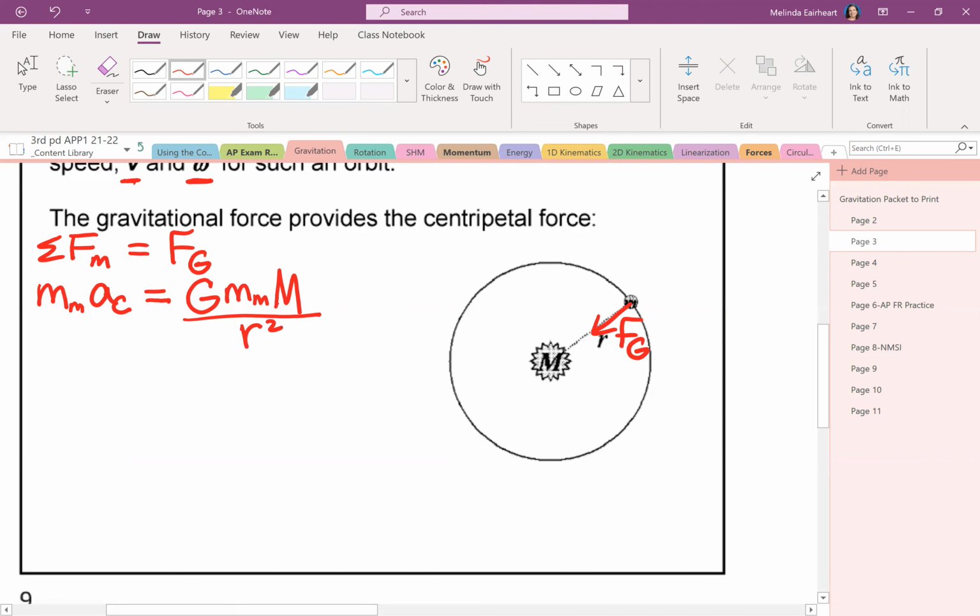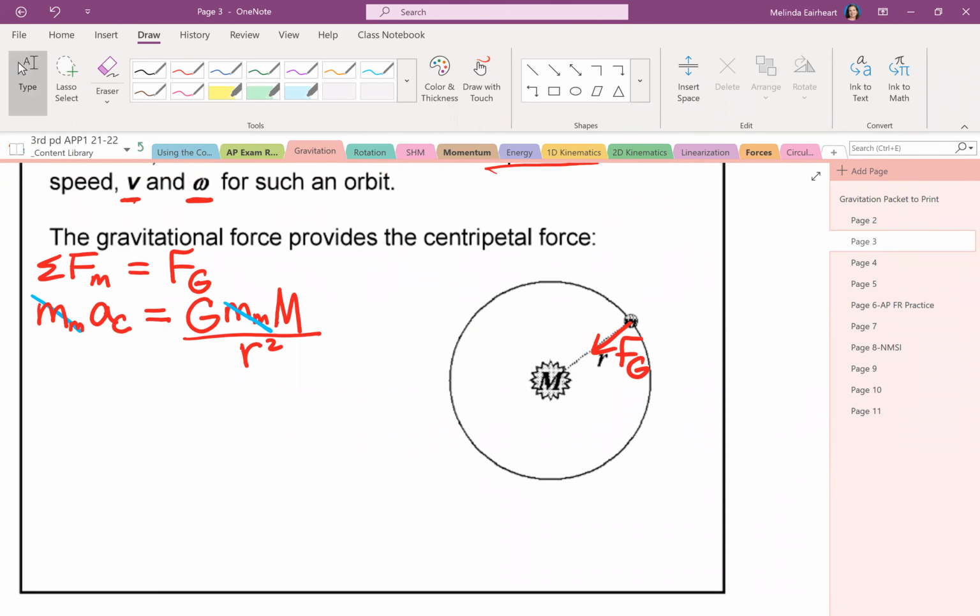And so what do we notice happens at this point? Small mass cancels, so goodbye, little m. Now, keep it going because we don't want an equation for A here. We've already done that. What if we want to put it in terms of V? Let's just do linear tangent speed first.